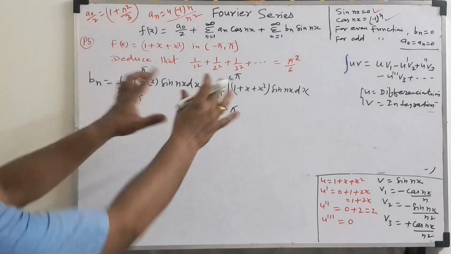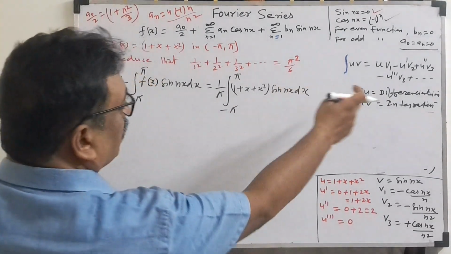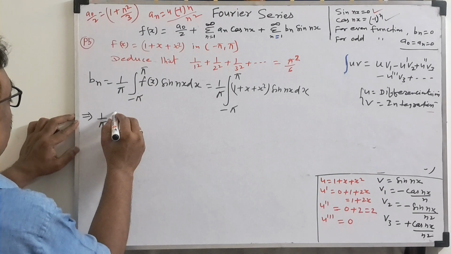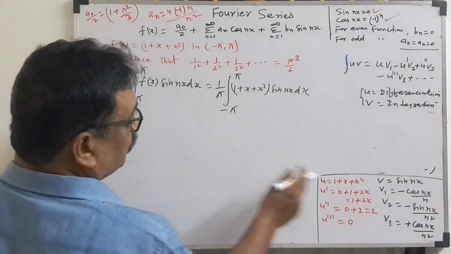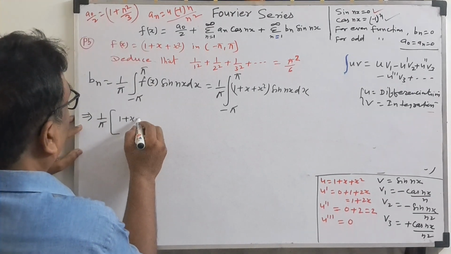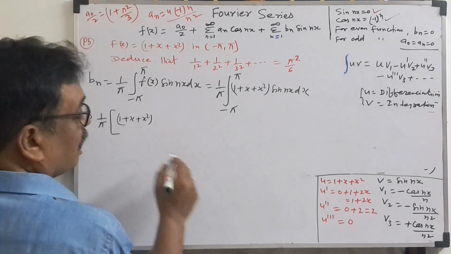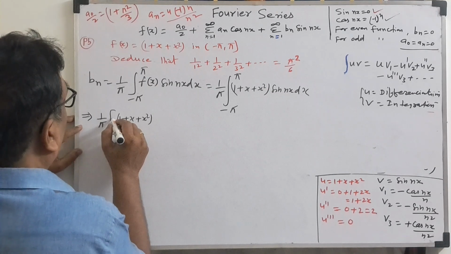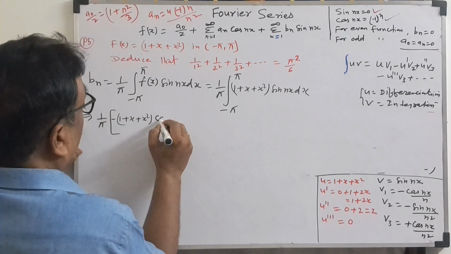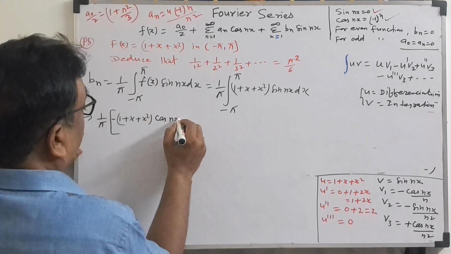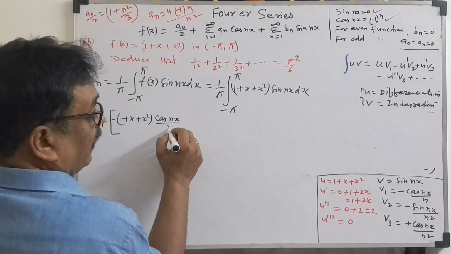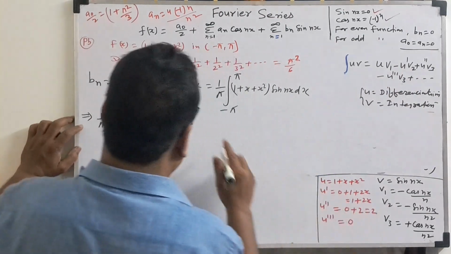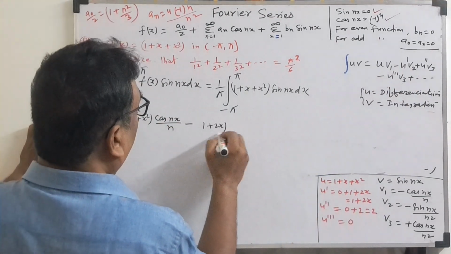So this we wrote now. Now what will we do? We'll substitute there. This is u, this is v. This is the format we'll substitute. So take the bracket very carefully and write. What is u? u is 1 plus x square. u times v1 with minus: minus cos nx by n. Formula minus, this plus (1 + 2x).